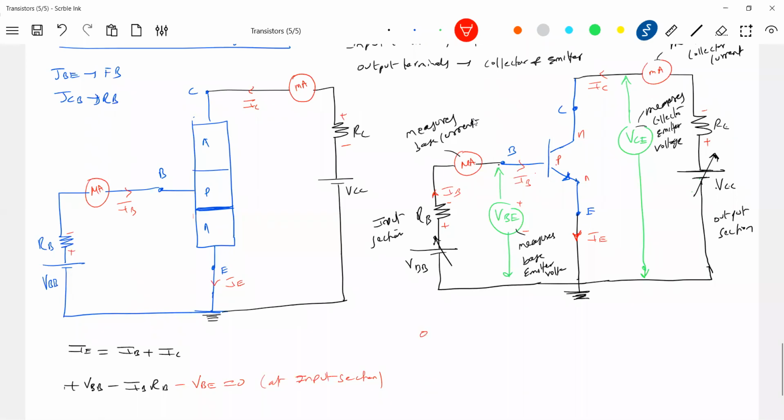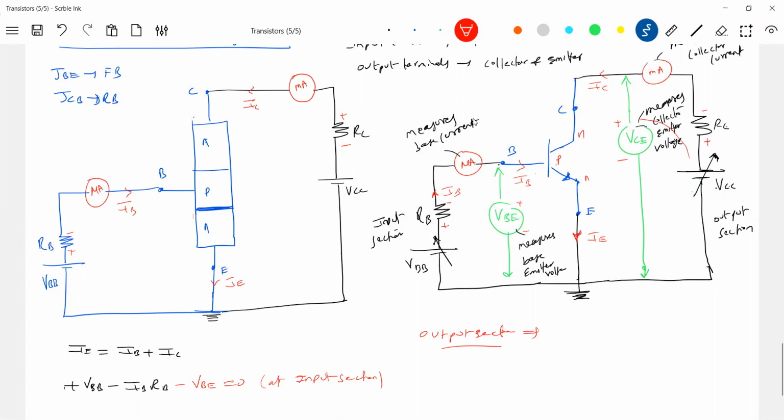Now come to the output section. Plus VCC minus ICRC. Sir, is the emitter ideal? It's ideal, I'm putting a short circuit. Sir, the emitter has an internal resistance of 2 ohm. Right, then IC into 2 ohm. Here I'm taking the meters as ideal. So this should be the positive polarity.